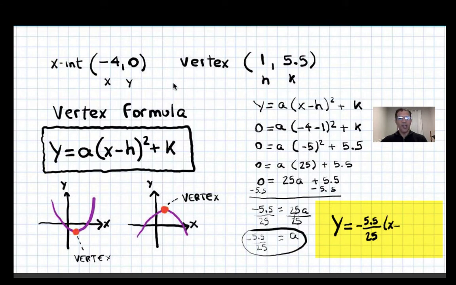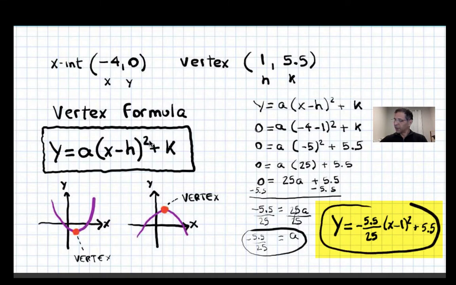What is h? h is 1, squared, plus 5.5. So here we see our quadratic function related to that experiment.